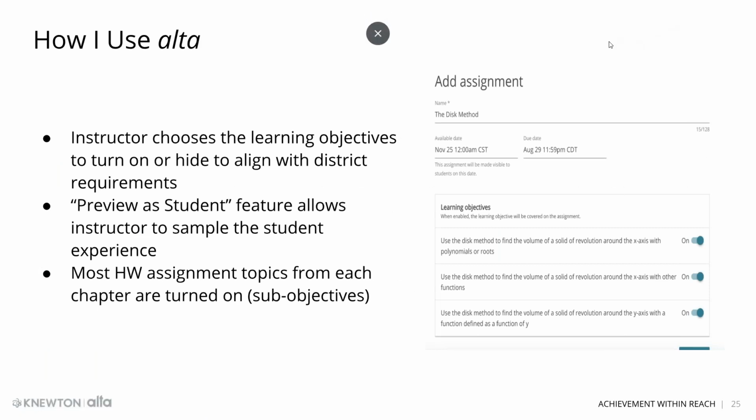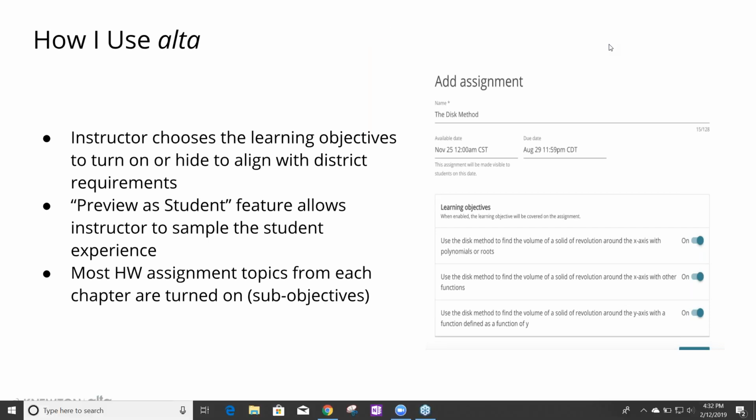So how I create a course: basically, the content in Alta is aligned around the idea of learning objectives, which is good for us because our district has certain learning objectives that each of our campuses has to cover with students. I can take out our district curriculum documents and create my course around these required topics.